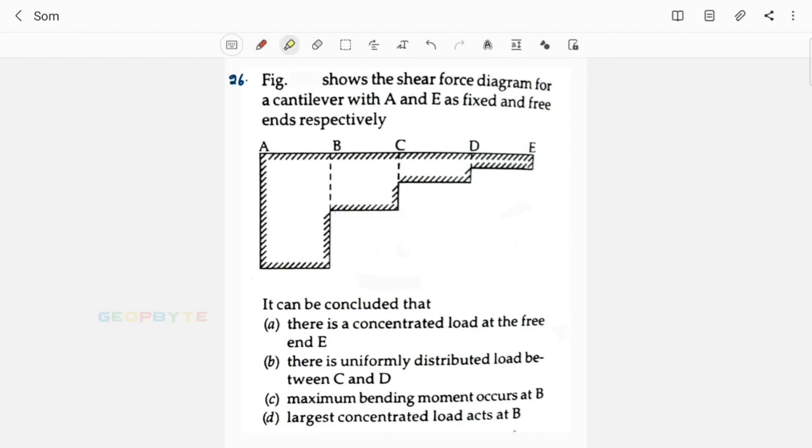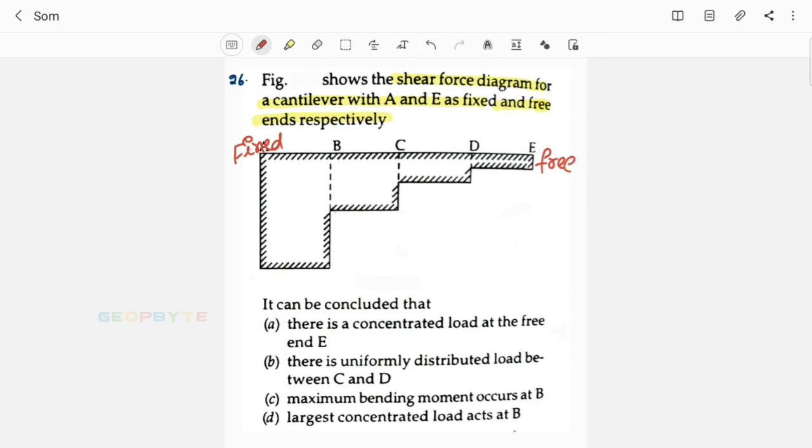Look at the problem. The figure shows the shear force diagram for a cantilever with A and E as fixed and free ends. A is the fixed end. This is the fixed end and this is the free end for a cantilever beam.